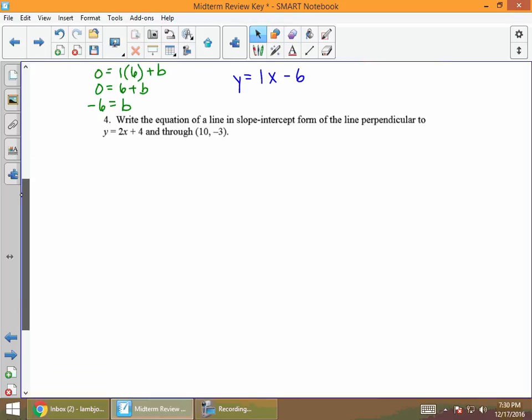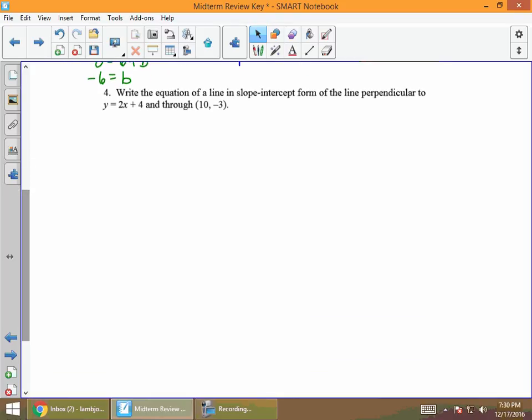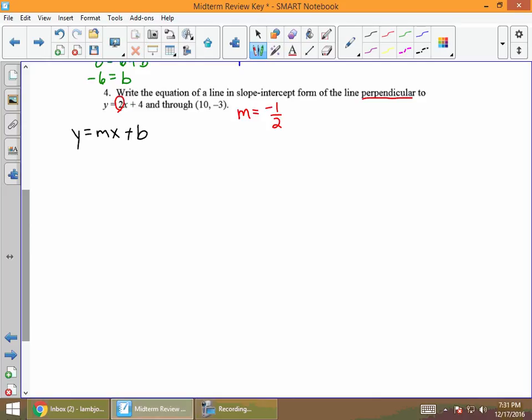Question number 4 says, write the equation of the line in slope-intercept form that is perpendicular. Perpendicular means opposite reciprocal. So my slope here has to be the opposite reciprocal to positive 2 over 1, which is negative 1 over 2. All right, so y equals mx plus b. Let's use my point to find b. The y value is negative 3 equals negative 1 over 2 times the x value of 10, plus b.